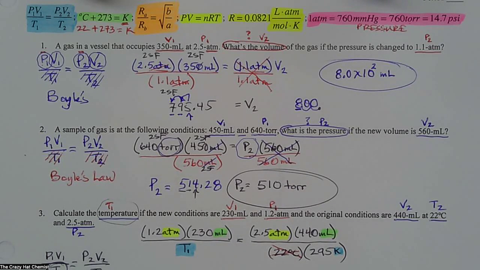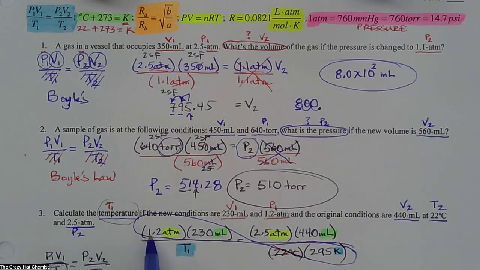So how do I solve this problem mathematically? It's cross multiply. So it will be 1.2 times 230 times 295 divided by 2.5 divided by 440. So I'm just going to sketch that out so that you can actually see that.